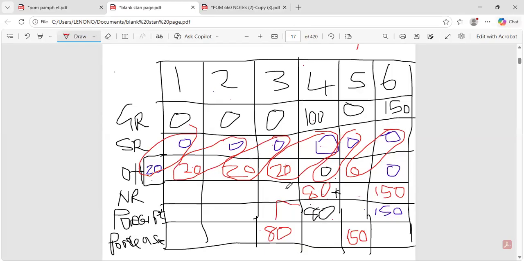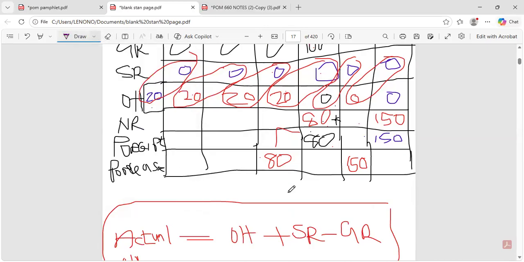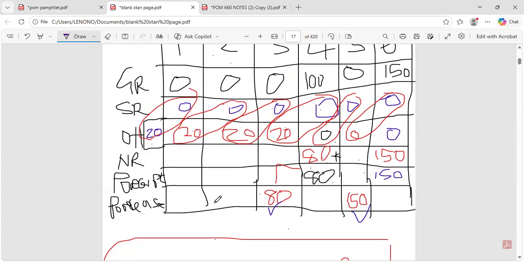Sorry, can I ask a question? Yes, yes. Okay, so in an event where the amount on hand is higher, let's say, for instance, instead of 20, it was 120, and your gross requirement is 100 in this case.